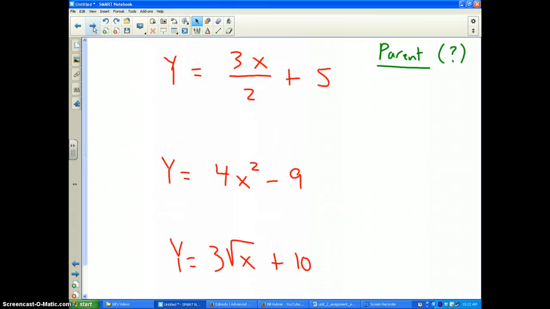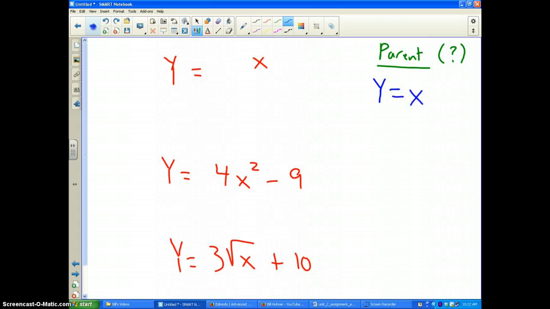So if I do that in problem number 1, I'm going to erase the add 5, I'm going to erase the divided by 2, and I'm going to erase the 3 because that's multiplied, and I have my parent function, which is y equals x. This is actually the one we are going to deal with this unit because it's linear. The highest power of x is 1.